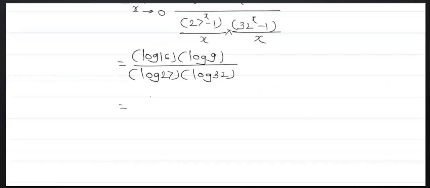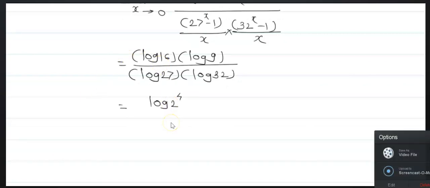And this can be written again as: log of 16 means what? 2 raised to 4. This is log of 3 raised to 2. Log of 27 means what? 3 raised to 3. Log of 32 means what? 2 raised to 5.